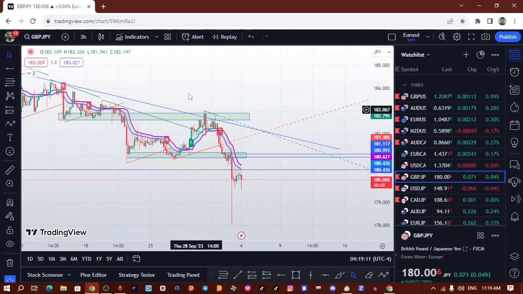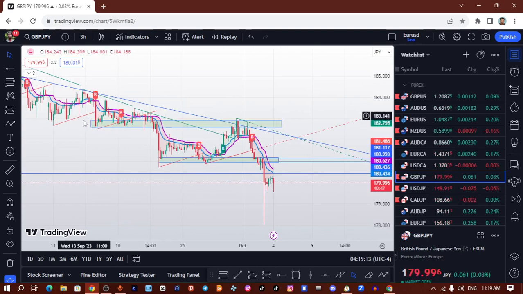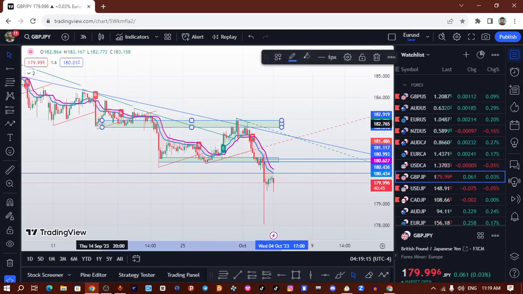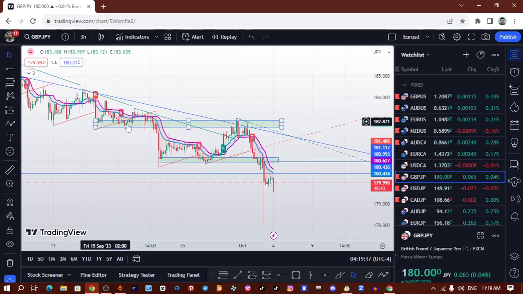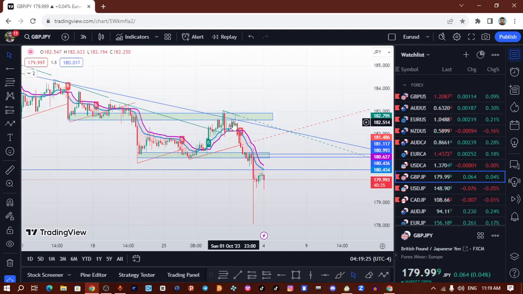Then we have another theory that suggests that this is a supply zone. When the price comes here, we sell. But we will sell when the price comes again.